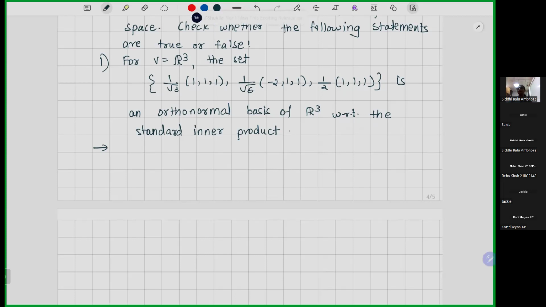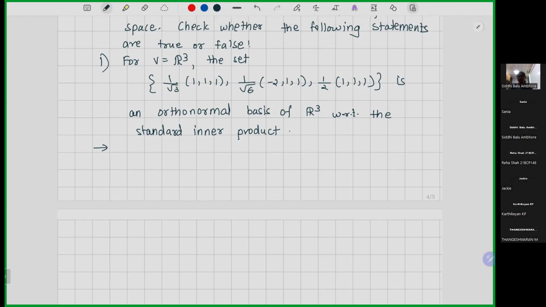Because the first and third vectors are linearly dependent, this is not even a basis. So we don't need to even talk about its orthogonality. Let me call this set beta, with elements beta 1, beta 2, beta 3.